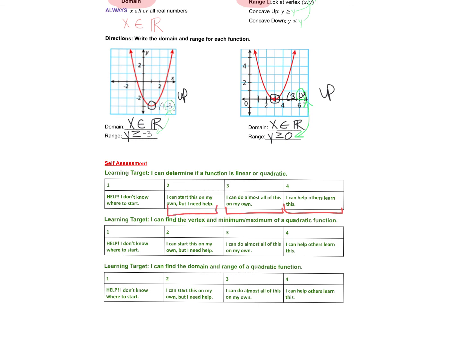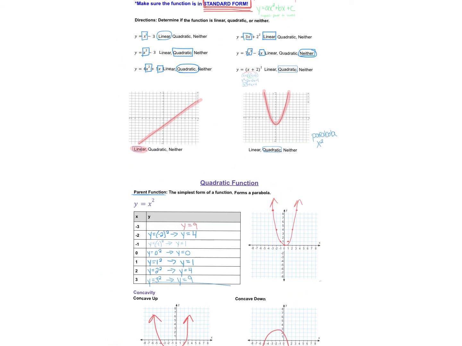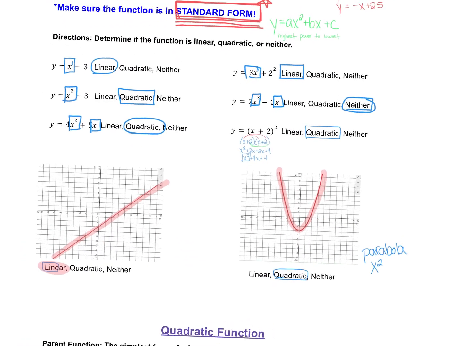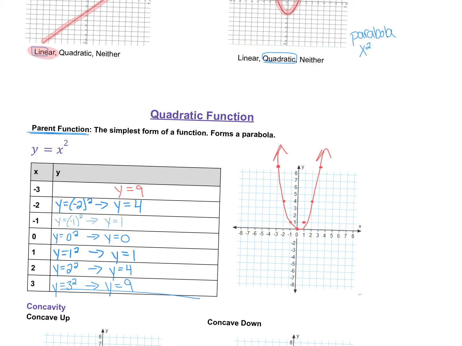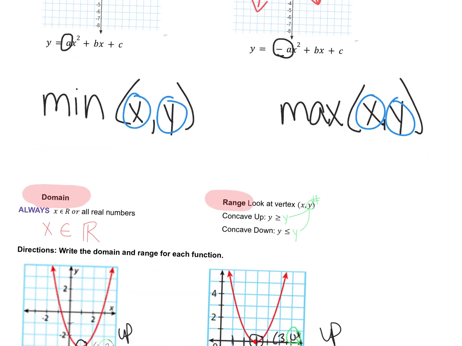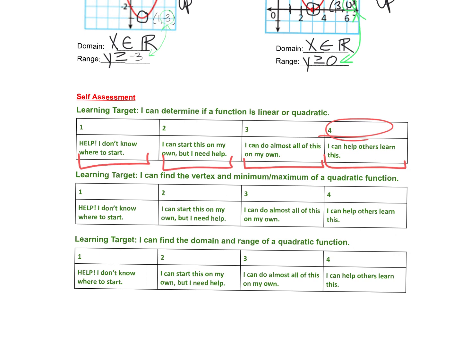For linear or quadratic, you should be looking at those very first problems we did, when we decided was it linear, quadratic, or neither? So decide, and then just put a circle around wherever you're at. In my case, I can do number 4. The next one is I can find the vertex and the min and max of a quadratic function.